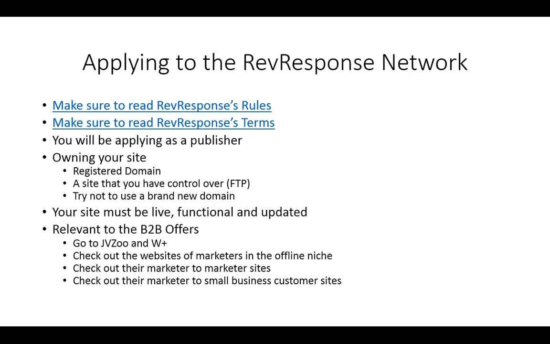And you want to take a look and see the things that they are talking about on their site. You want to take a look at the look of their site. And when you make application to RevResponse, if you can, you want to mirror some of those things, mirror some of the discussion, mirror the look on some of the sites.